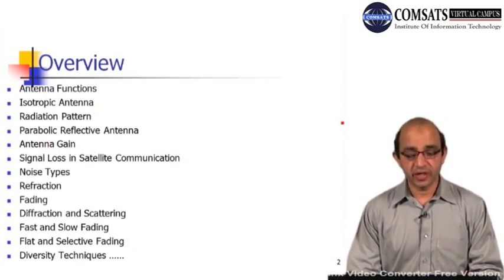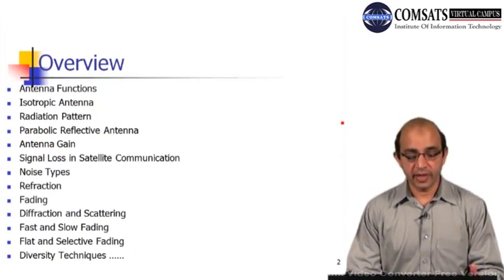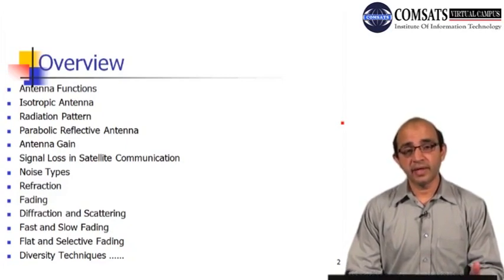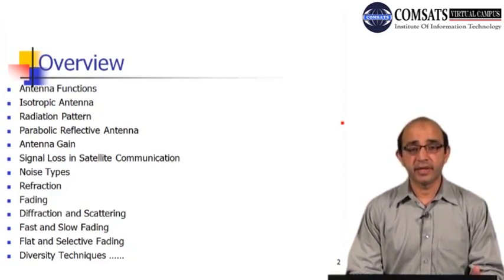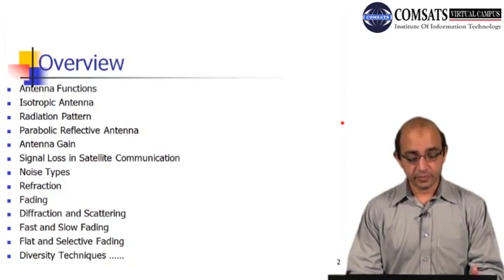The functions provided by an antenna, and then we talk about the isotropic antenna, that is an ideal antenna, in order to have a reference for antenna functionality and design. Then there are different radiation patterns that are associated with different shapes of different antennas.